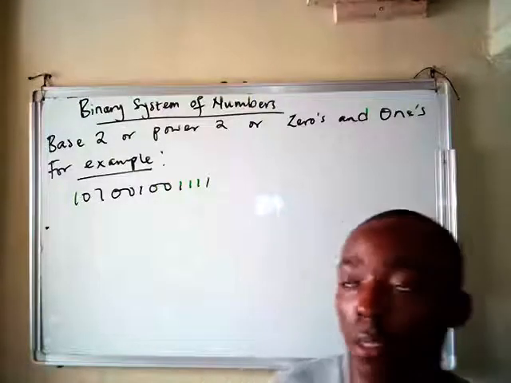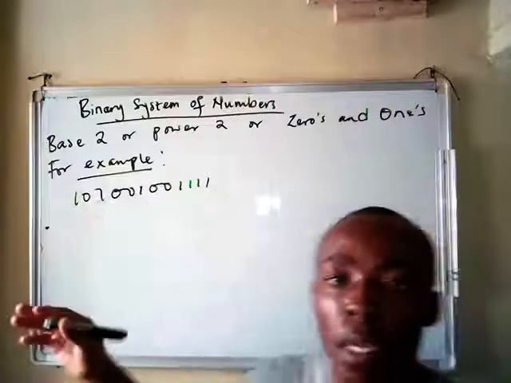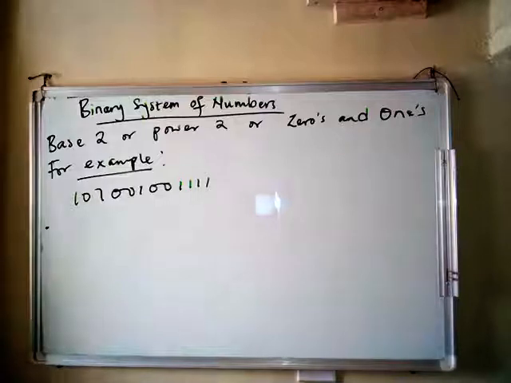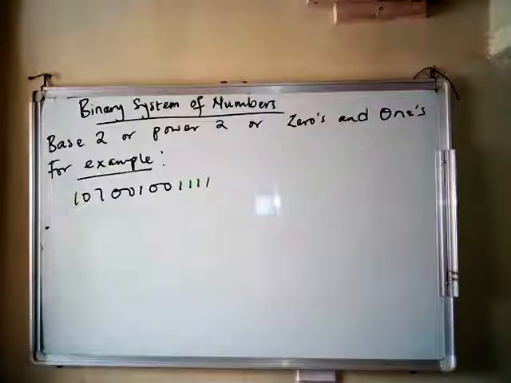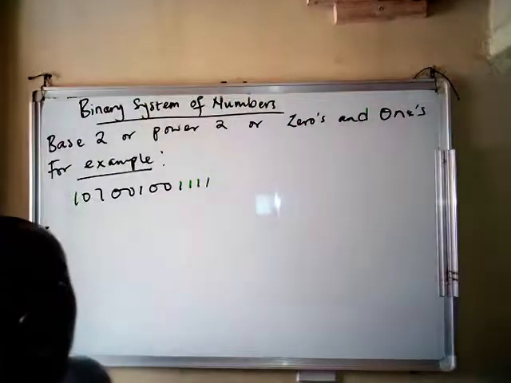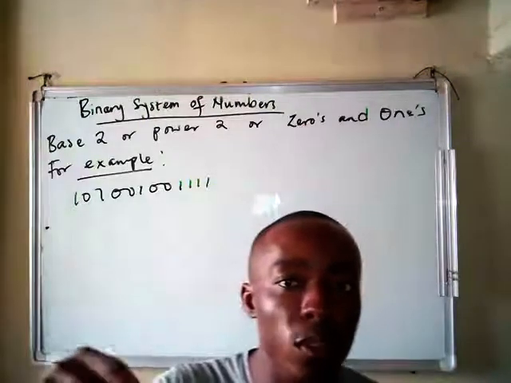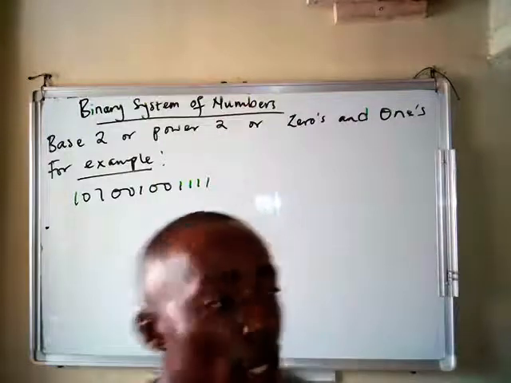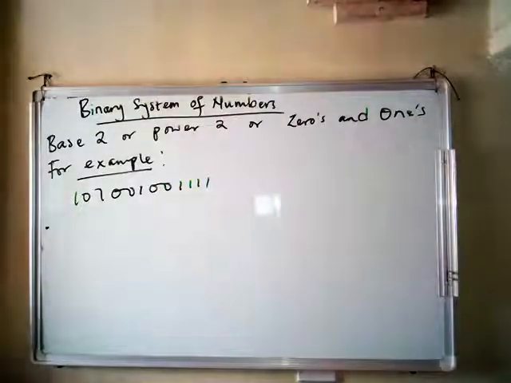That's why it's called base 2 or binary. So this is base 2, or power 2, or what you call zeros and ones.